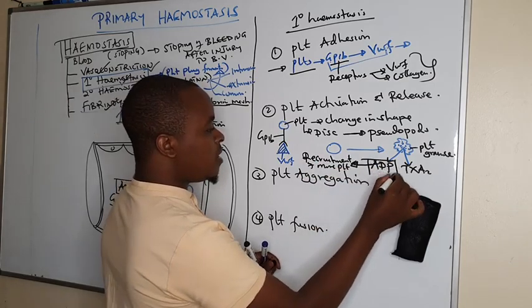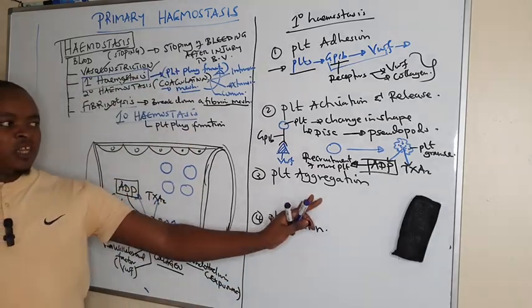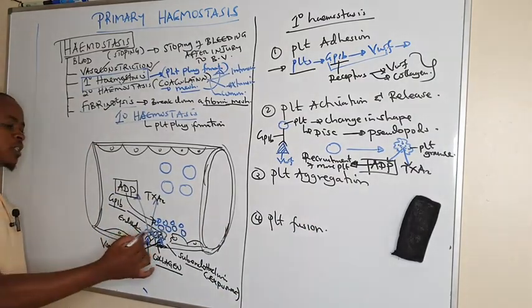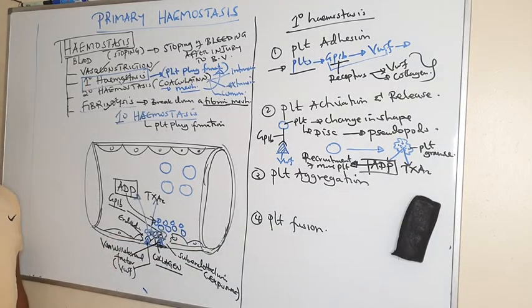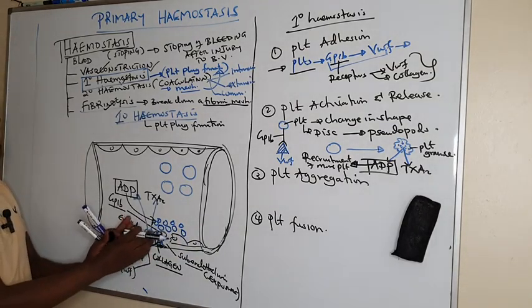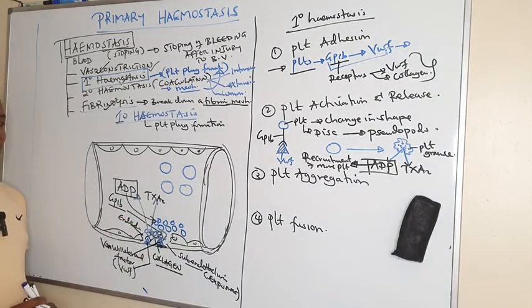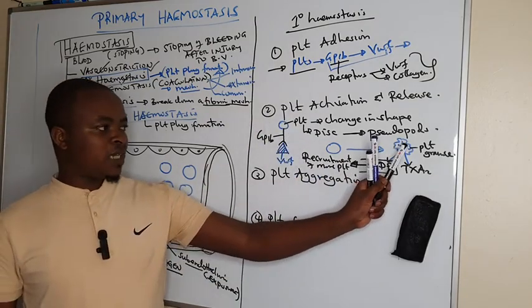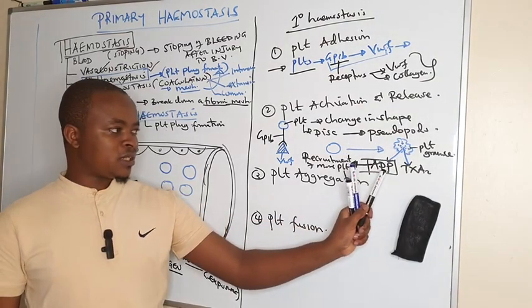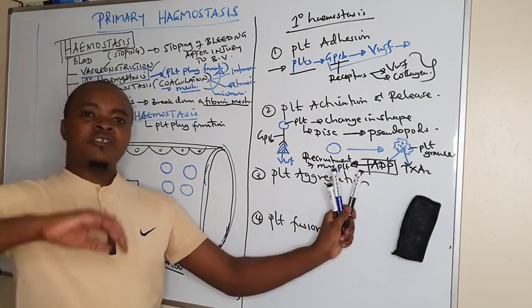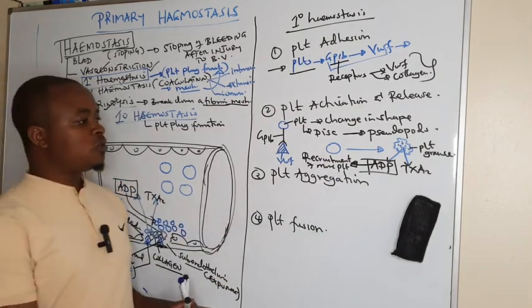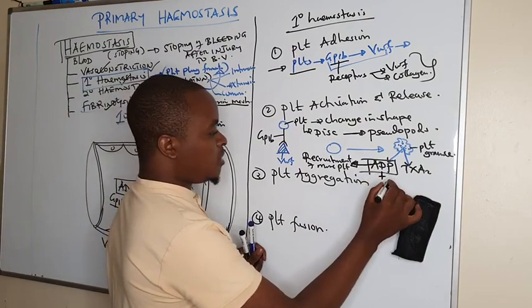Apart from doing a great work in aggregation, immediately when it is released after the platelets have changed shape, it goes back and recruits more platelets to the injured site, because we have to recruit more platelets there so that we can stop blood from oozing out after the injury. So after the platelet is activated into the amoeboid shape, it releases ADP, and ADP goes and recruits many platelets at the injured site. This role of recruiting is done by ADP together with thrombin.